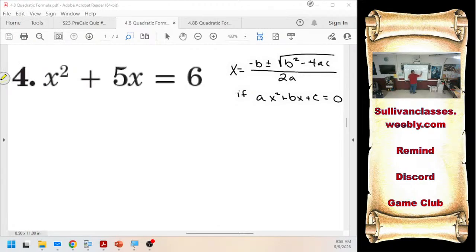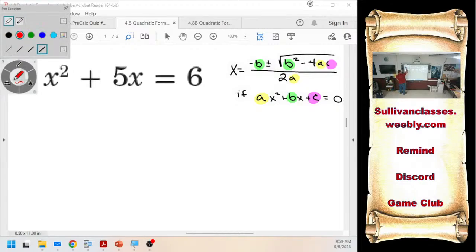Everywhere that I see an a in the formula, I'm going to put this number. Everywhere that I see a c in the formula, I'm going to put this number. Everywhere that I see a b in the formula, I'm going to put this number. And we had said that the way to do that was to use parentheses. Because if you don't use parentheses, I guarantee you're going to mess something up. I guarantee it. Because you got exponents and negatives going on here.